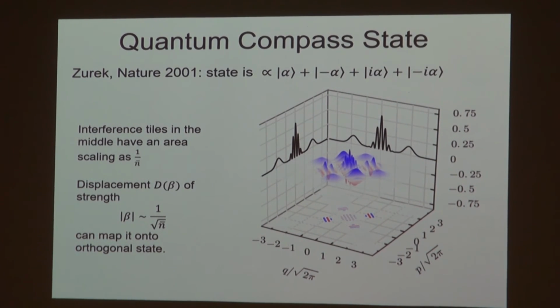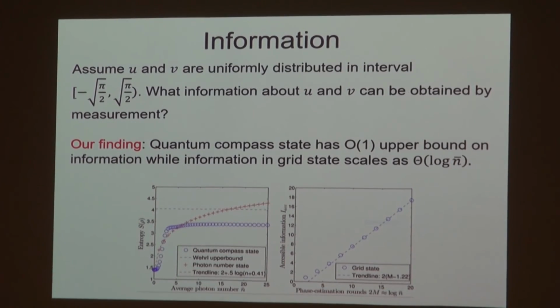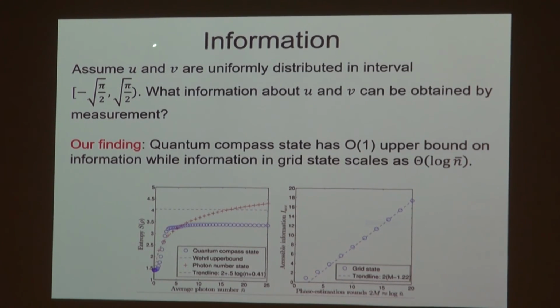So I agree that it's very sensitive, but we also want to understand how it compares with the grid state, because sensitivity is not the whole story. So we played this game, and this is maybe a bit contrived. Let's imagine there's a displacement that comes in, with parameters u and v that I don't know. They're uniformly distributed over a small interval, precisely the interval in which this grid state can detect these u and v.